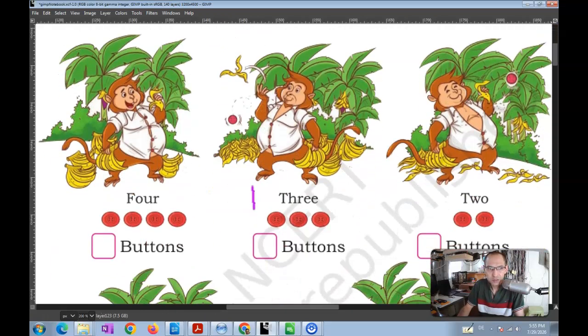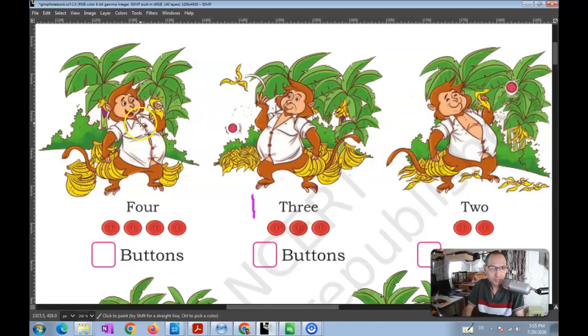Okay, so over here in the beginning he has 4 buttons on the shirt, so we have 4 buttons over here. Now as he eats more and more bananas and the stomach gets bigger and bigger, the buttons are popping out one by one.